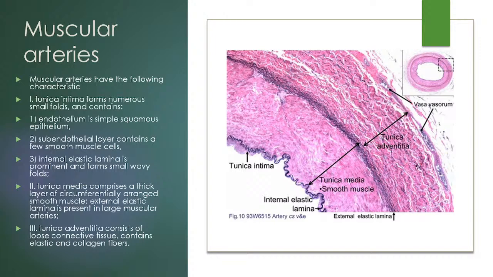The size of their lumen is controlled by contraction or relaxation of smooth muscle in their wall. Muscular arteries have the following characteristics.